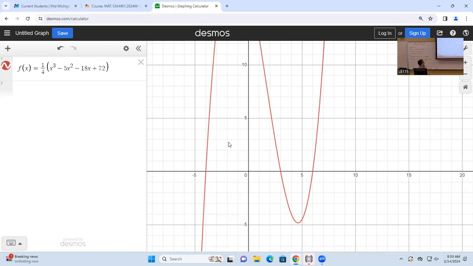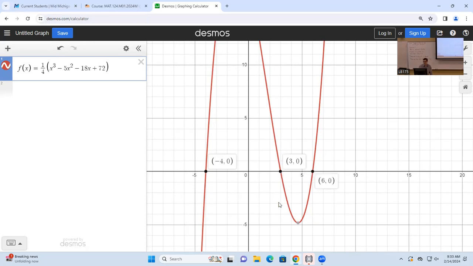Notice if I put a number in front, that didn't change where the zeros were. But anyways, so if I say, what are the zeros of this function? You should be able to look at the graph and say, well, there's 1 at -4. There's 1 at 3.